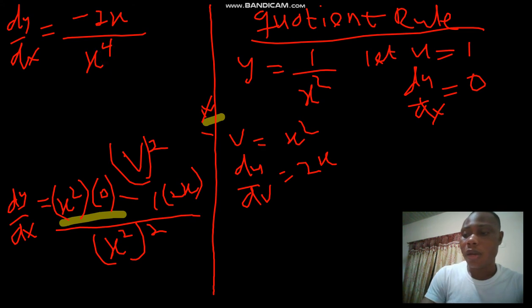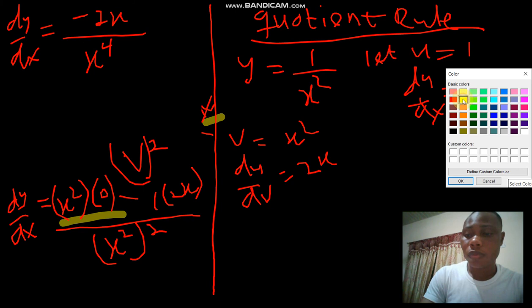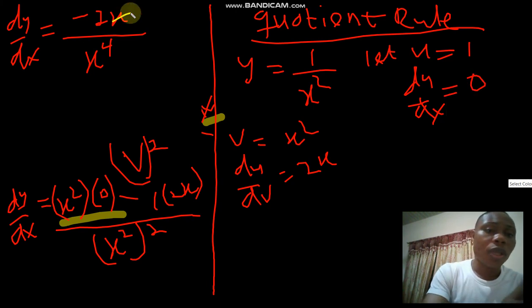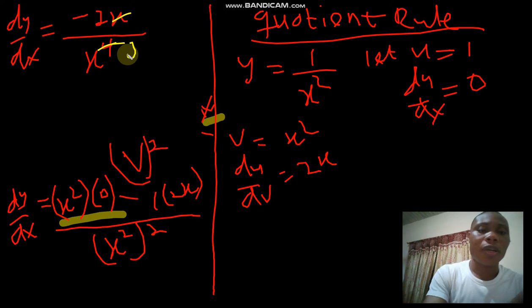We can say that this x can take one of these x's, giving x to the power 3. Therefore this is just equal to minus 2 over x to the power 3.